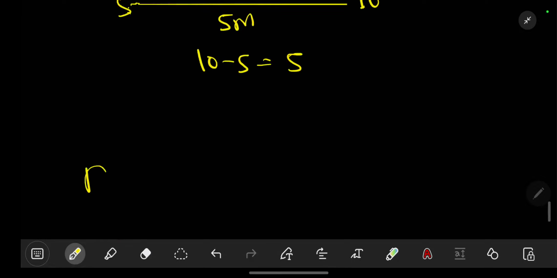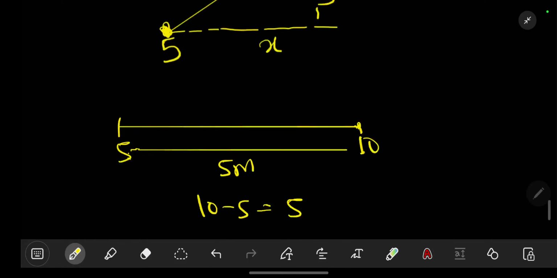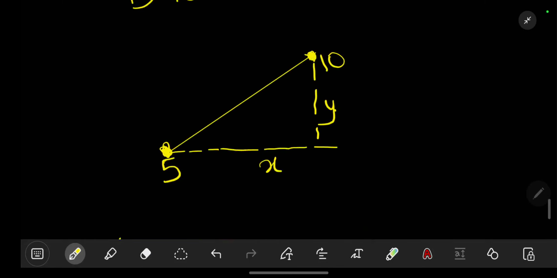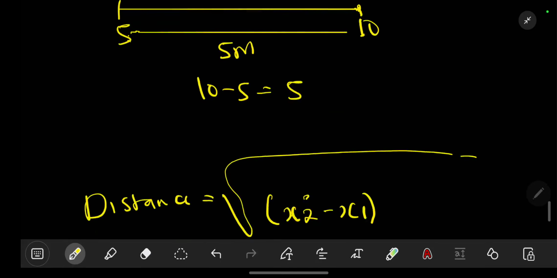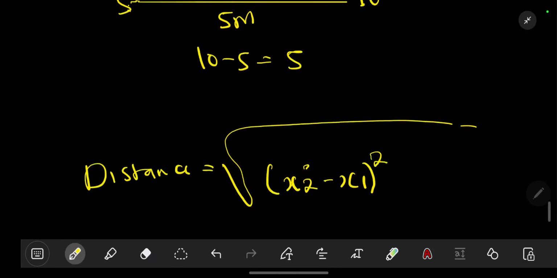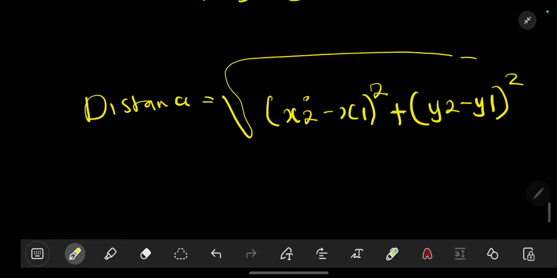Therefore the distance is equal to the square root of our x2 minus our x1, squared. Remember, you have to subtract for you to find the distance between 2 points. Then plus, you add the x and the y parts, but you have to subtract within them: y2 minus y1, then you square them. So that is how you find the distance.